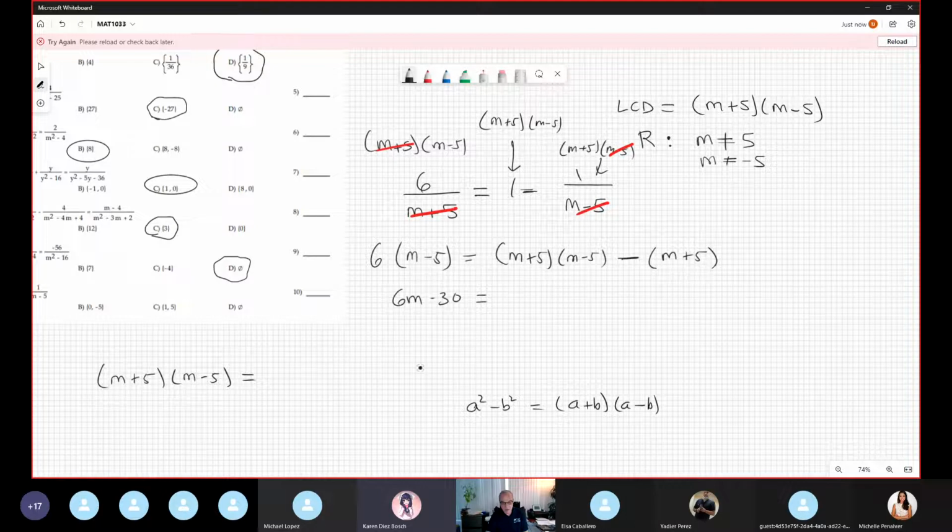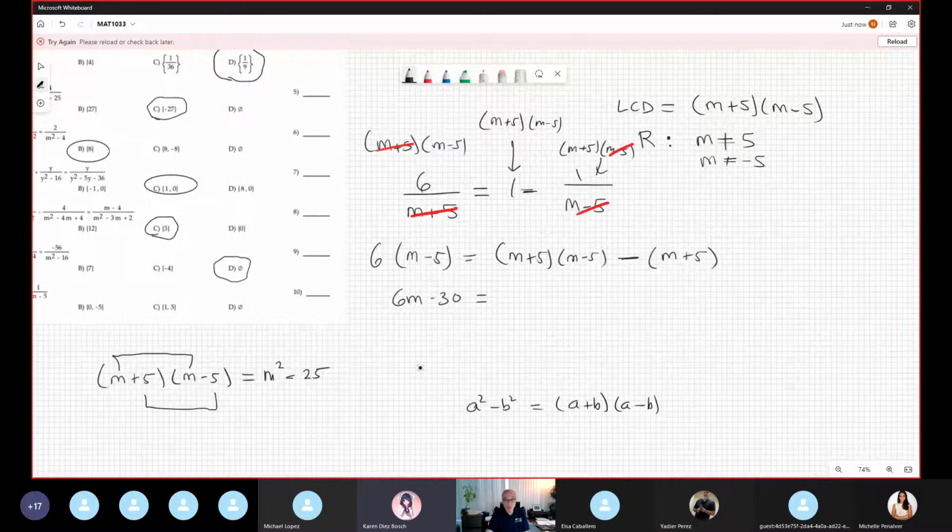This is a shortcut to do it fast. So now when you see you have two factors and they are conjugates. Conjugate means one is positive and one is negative and the same number. So it is m squared minus 25. I confirm this: multiply m times m and 5 times 5 and negative in between.